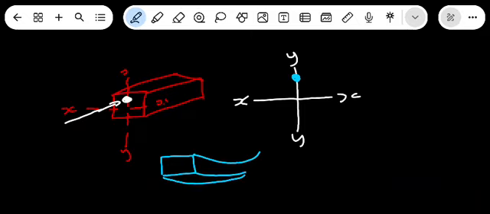Are we together? Where will the bar bend? In the x-axis. It will bend along the x-axis, like up and downwards. You see, it will bend like this.